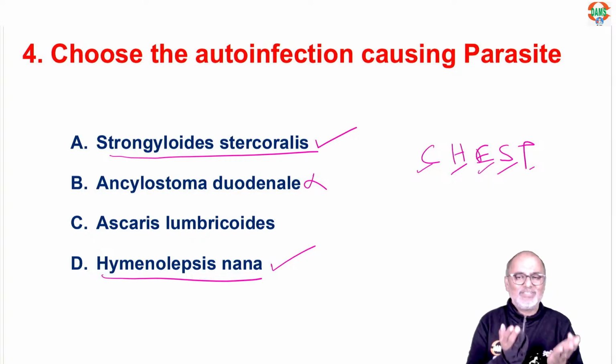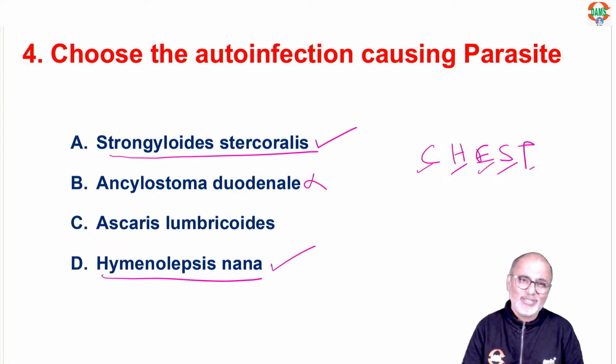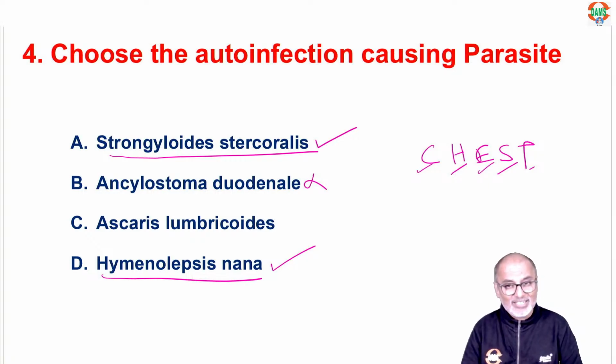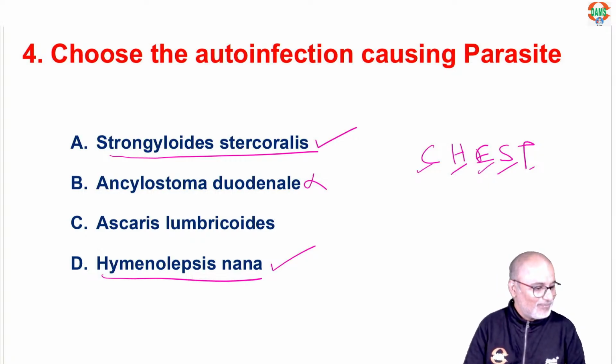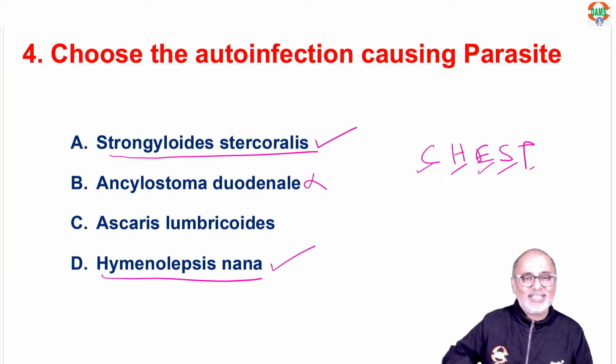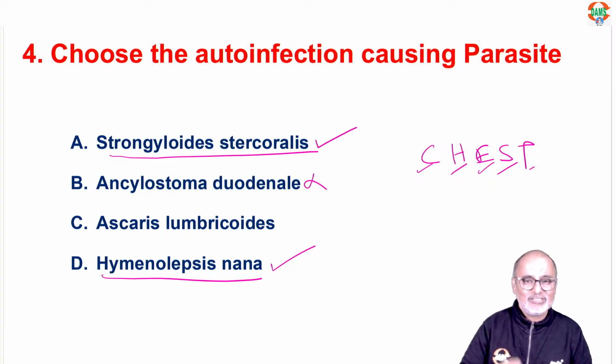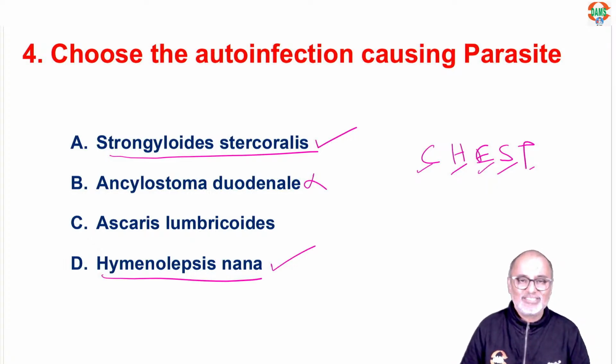If two options have the same weightage, we need to see other parameters. If you attended my class, you remember, Strongyloides stercoralis causes different types of autoinfection: external autoinfection and internal autoinfection. I used to tell the story. Taken out of the anal canal, staying in the perianal fold, taking revenge is called external autoinfection.